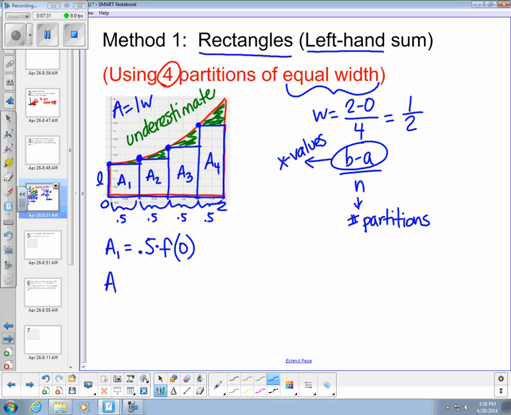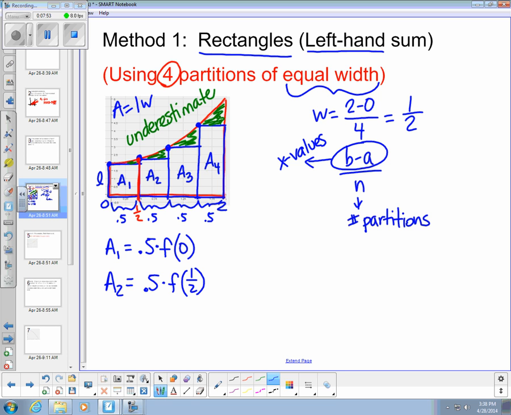Okay, area for rectangle 2. My width is still 0.5, but now my length, or my height here, is going to be f of 1/2, because it's where this point is. This is 1/2 on the x-axis, so f of 1/2.